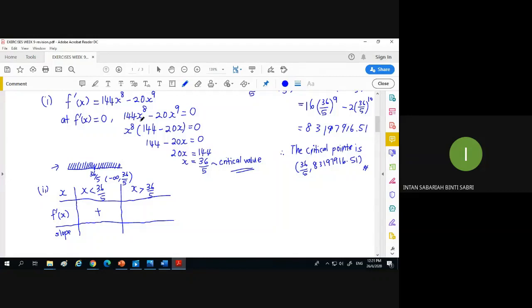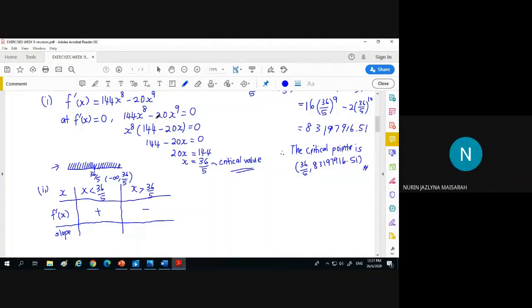144 times 8 power of 8 minus 20 times 8 power of 9. You will get a negative value, because it is a smaller number minus the biggest number, the power of 9.